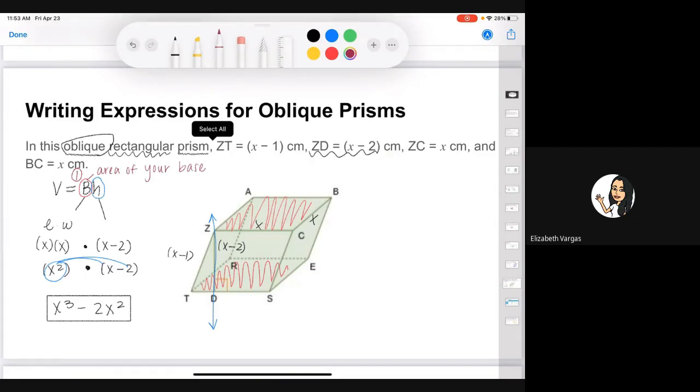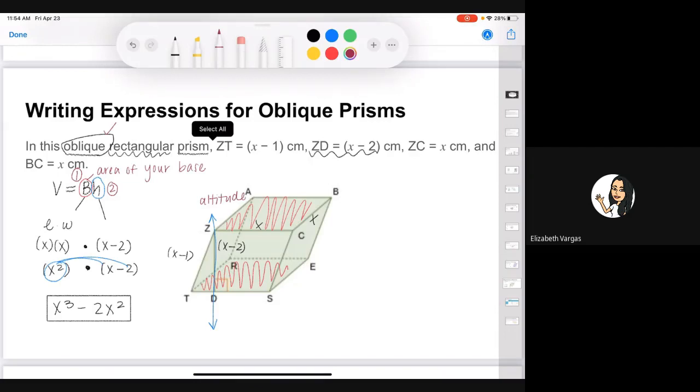Next thing, you want to find the height. Because this is an oblique prism, we know that our height is going to be equal to our altitude. And in this instance, our altitude is x minus 2. And so now that I have both of those, I can multiply them together and find the equation for my volume. Does anyone have any questions here?